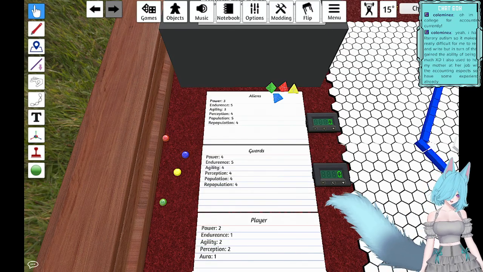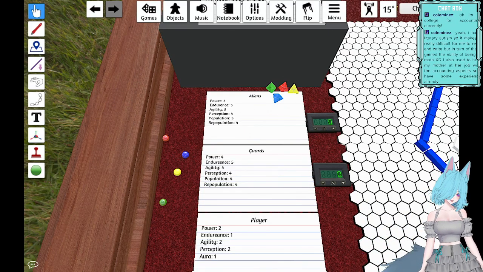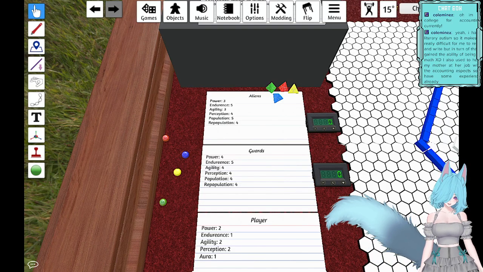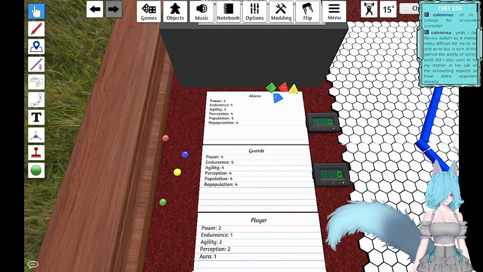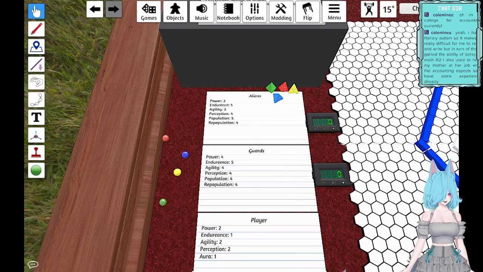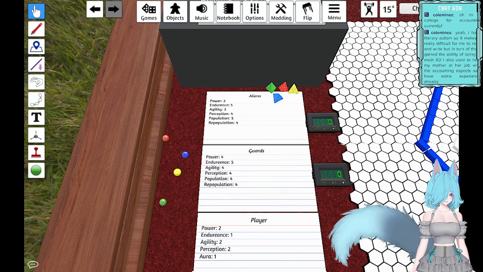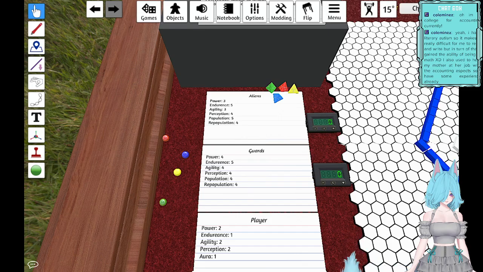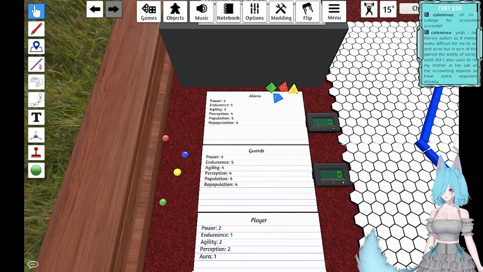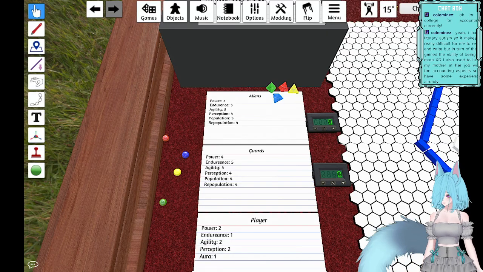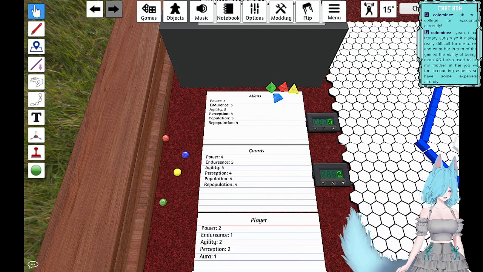I have literary autism, so it makes it very difficult for me to read and write. But in turn of that, I gain the ability of being good at math. I used to help my mother at her job with accounting aspects, so I have some experience. That's awesome! That's so sweet of you too.